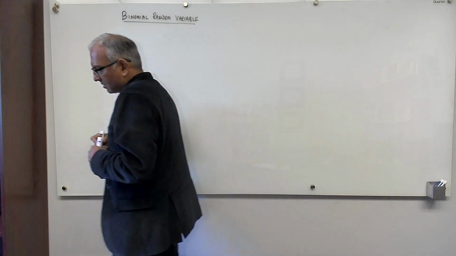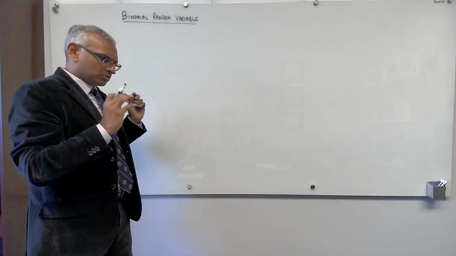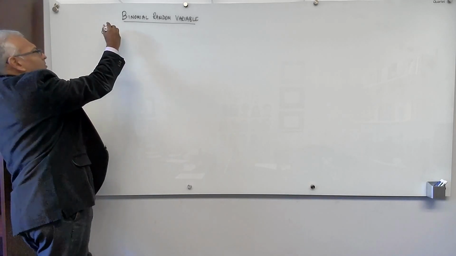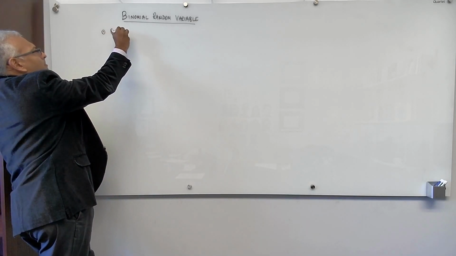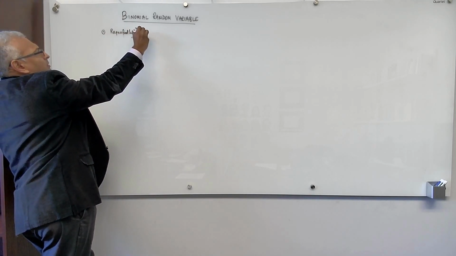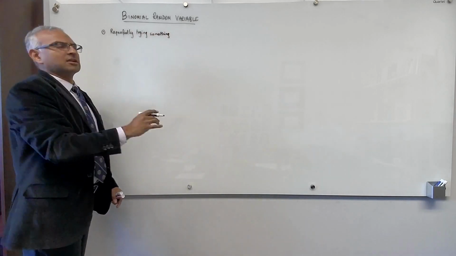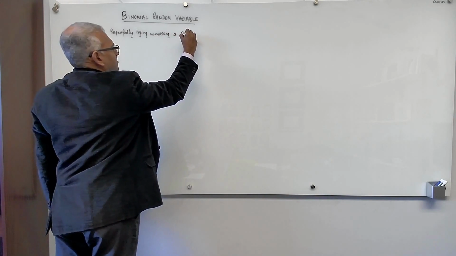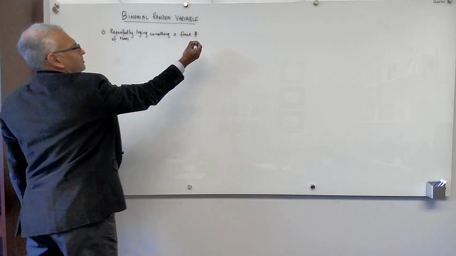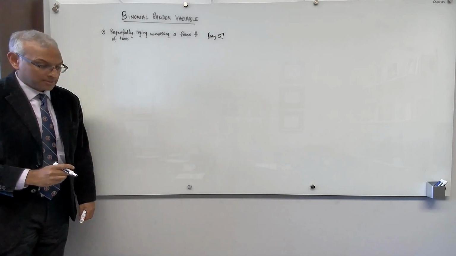So let me state the 3 basic conditions that come into play when we're talking about the binomial random variable. Condition 1: you're repeatedly trying something a fixed number of times, let's say 5.